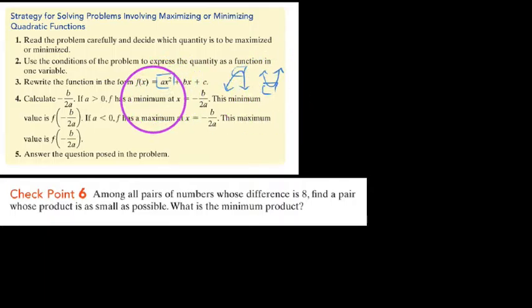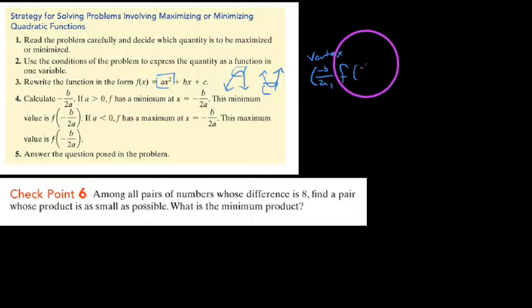If it is in standard form, then what we're looking for is the vertex. And the vertex, if it's in standard form, always occurs at negative b over 2a, f of negative b over 2a. So we're basically looking for vertices here and interpreting their results. We're going to answer the question posed in the problem, but graphically that's what we're doing.